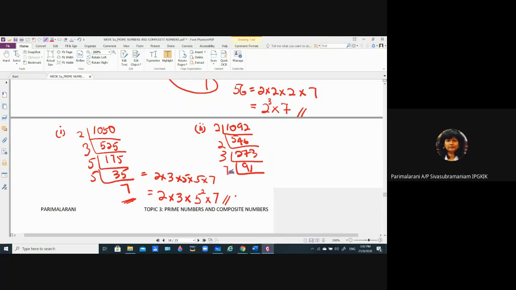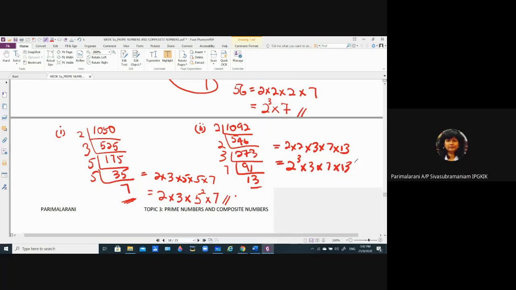The next number is 7. So you have 13. 13 is already a prime number, so we can stop here. So this is 2 times 2 times 3 times 7 times 13. So it is 2 to the power of 2 times 3 times 7 times 13.